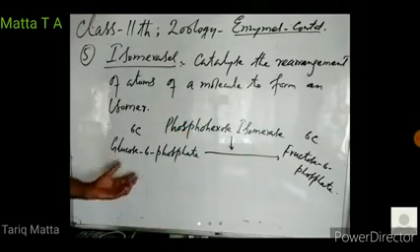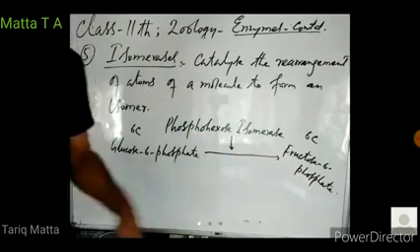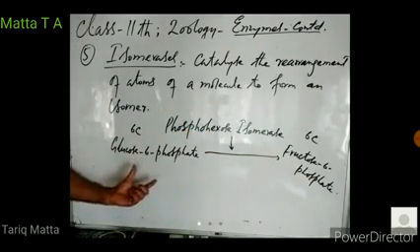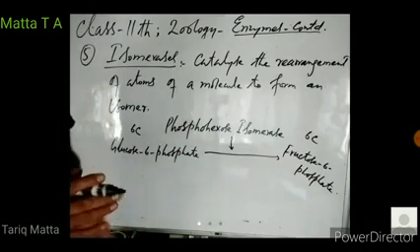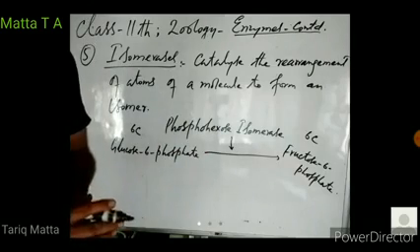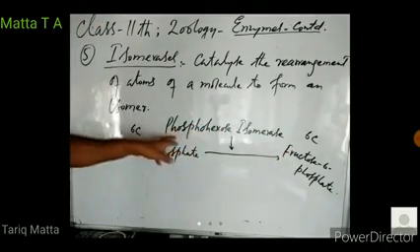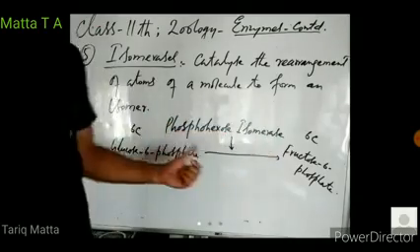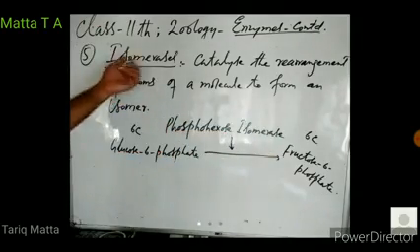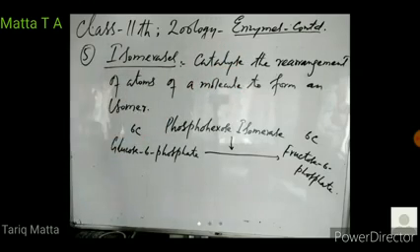So how is this aldose converted into a ketose? It is converted by the rearrangement of atoms. The aldose group is converted into a ketose group with the help of phosphohexose isomerase. So we call this process isomerization, and it is catalyzed by isomerase enzyme.